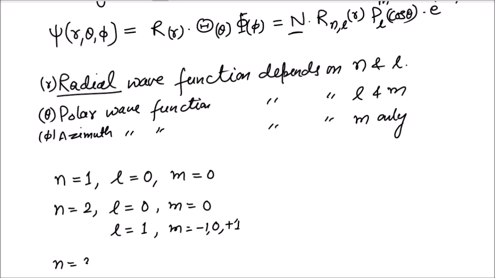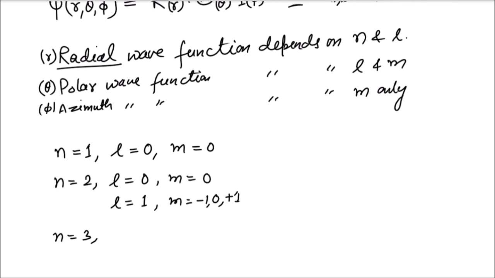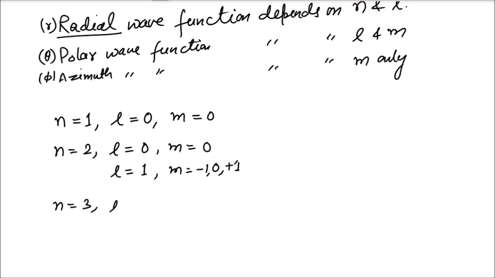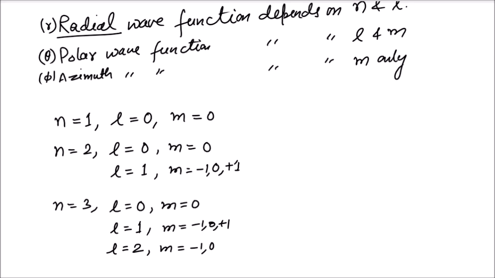And if n equals 3, then l equals 0, 1 or 2. If l is 0, m is 0. If l is 1, m is -1, 0 and +1. And if l is 2, m is -2, -1, 0, +1 and +2.